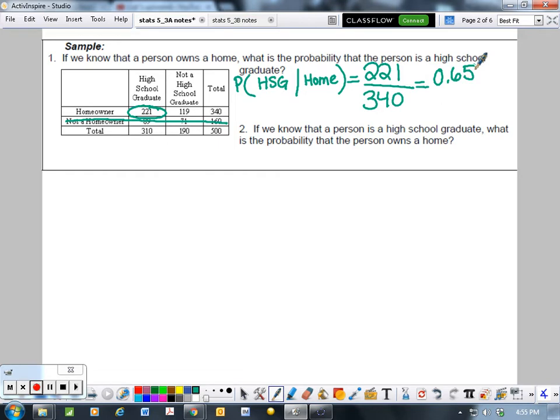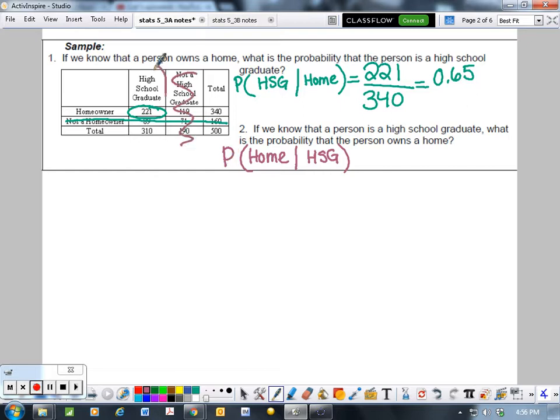Okay, now our next question, if we know the person is a high school graduate, so our given information is a high school graduate, what is the probability the person owns a home? So this is a backwards one. So now we know they're high school graduate. So I'm ignoring this.